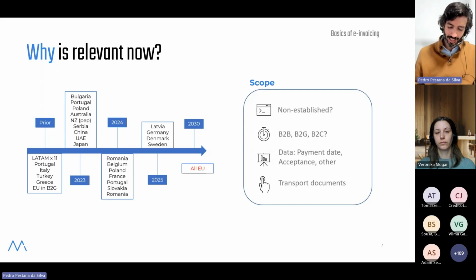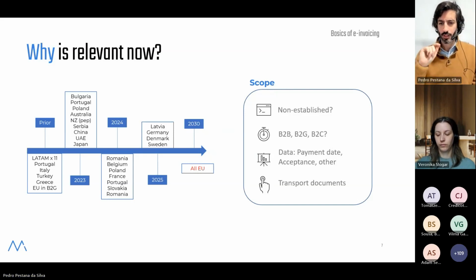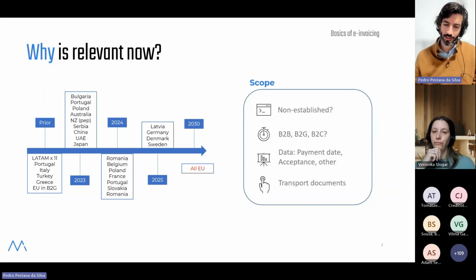And then finally, I think the tax authorities realized that the information they were getting from e-invoices was very useful, so they started asking for additional information, for example, on transport documents, where every transport that is locally done, there is a certified document being issued and sent to the tax authorities in real time.